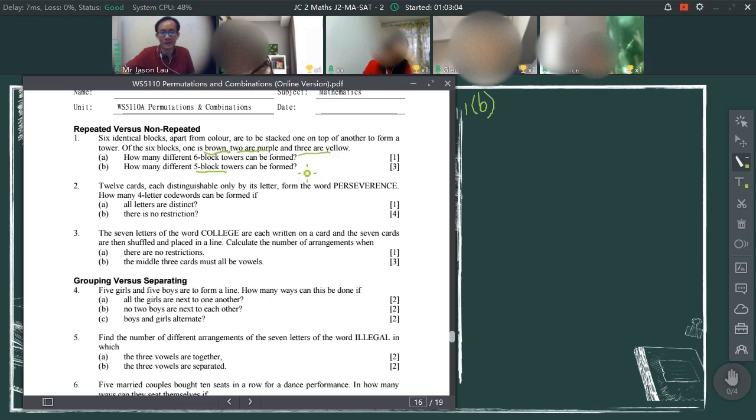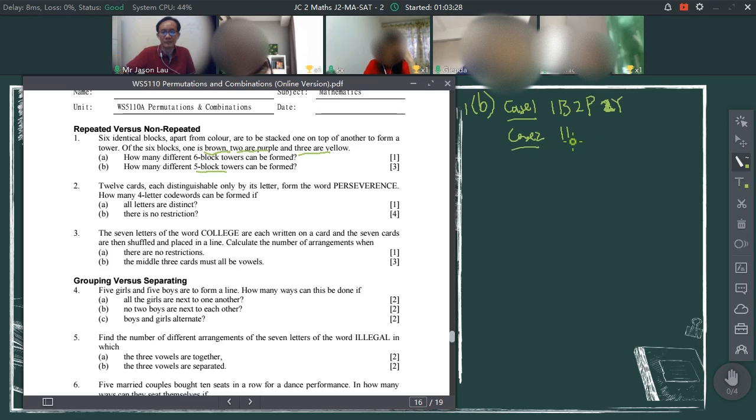So if you want to get 5 blocks, you need to go into the different types of colour blocks you have. Case 1, what is case 1? Brown not chosen. Yeah, 1 brown, 2 purple. So you have to go into cases and do it.